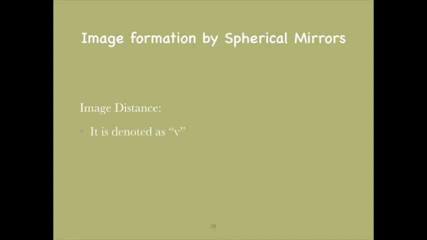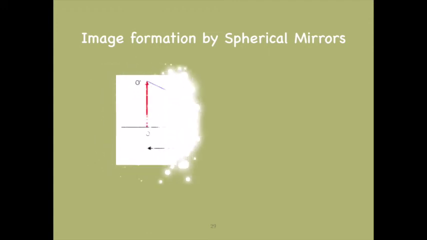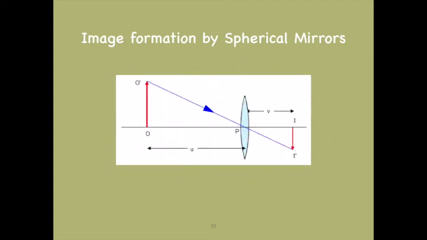This is denoted as v, and it is the distance between the pole and the position of the image on the principal axis. Given below is the diagram showing the image distance and the object distance, where u is the object distance and v is the image distance from the pole.